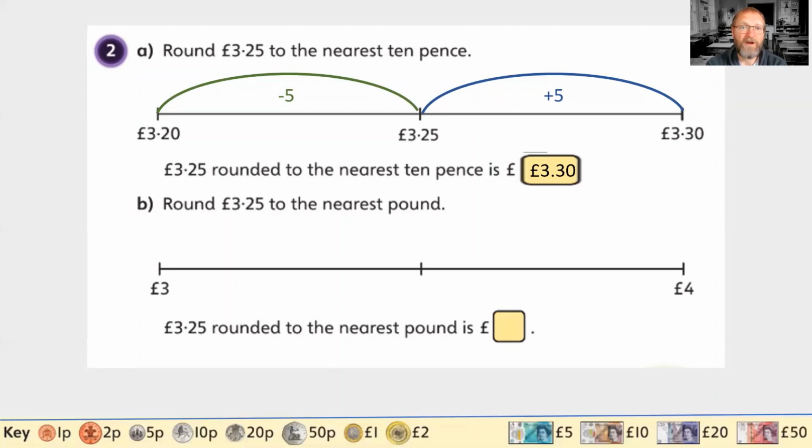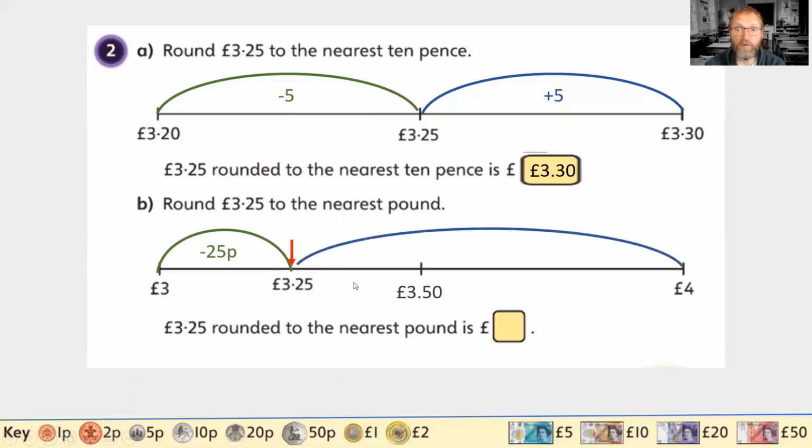Question 2B. Round £3.25 to the nearest pound. Okay, so we've got £3.50 there in the middle, and in between £3 and £3.50 on our number line, we will put £3.25. So are we going to round that down to £3 and take away 25 pence, or are we going to round up to £4 and add 75 pence?